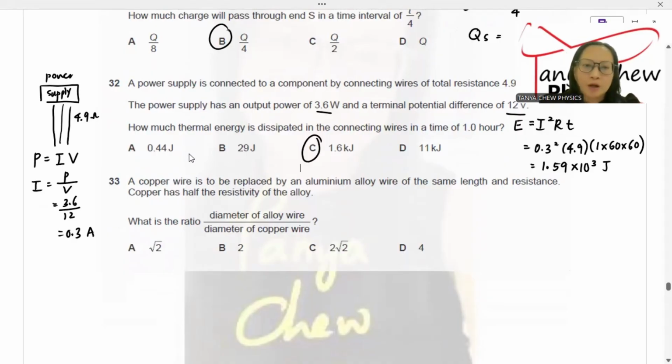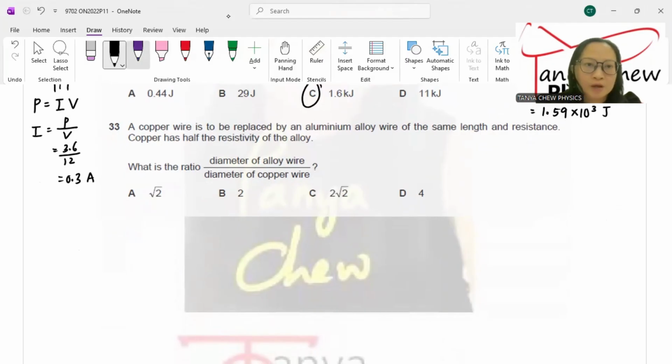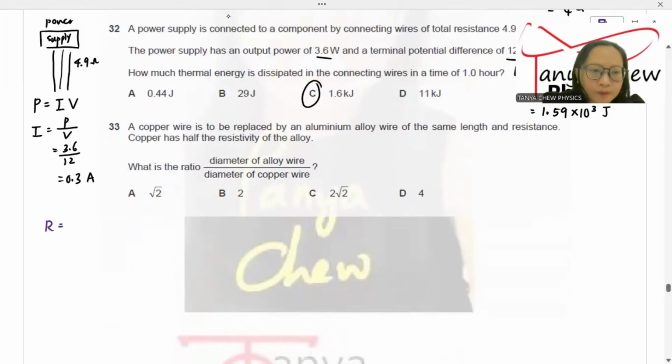Number 33, a copper wire is to be replaced by an aluminum alloy wire of the same length and resistance. Copper has half the resistivity. When you see the word resistivity, you have to relate your resistance to resistivity. So resistance is equal to rho L over A. But in this case, we are supposed to find the ratio of the diameter of the alloy wire to the diameter of the copper wire.